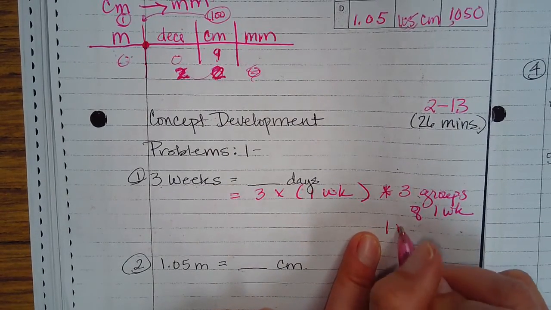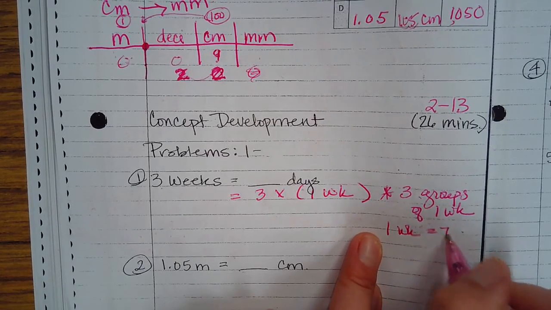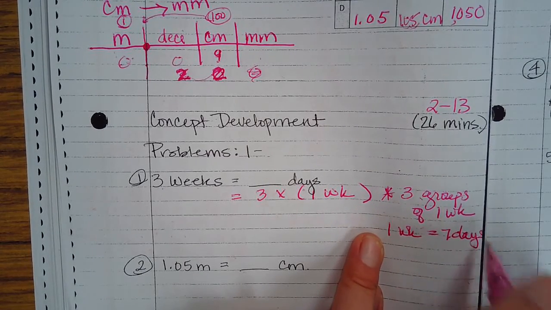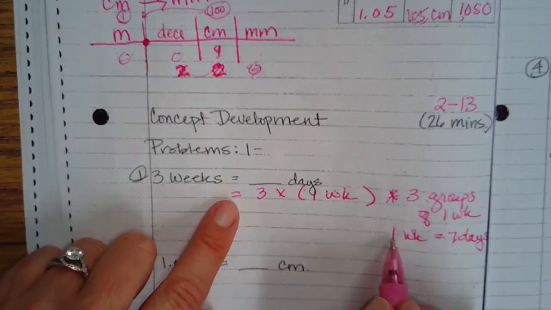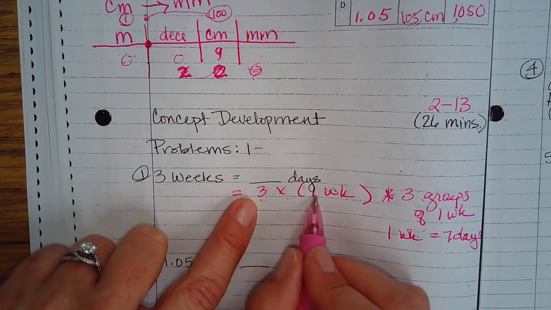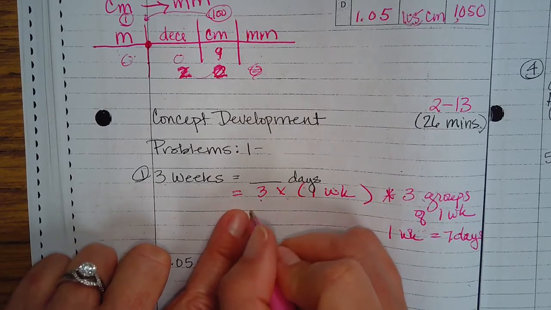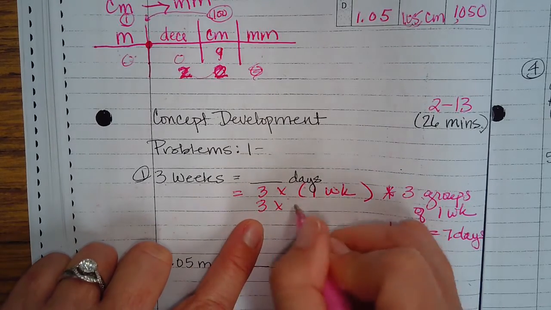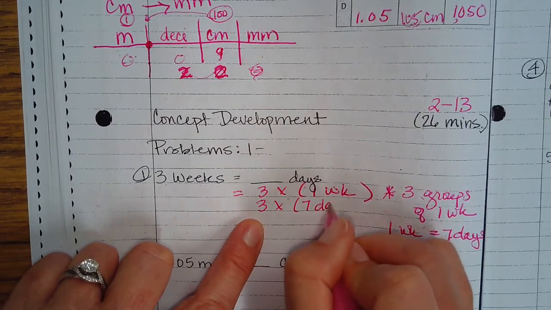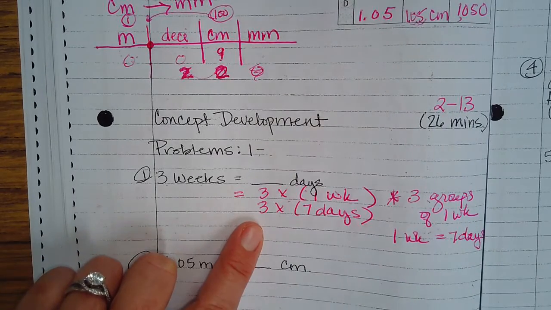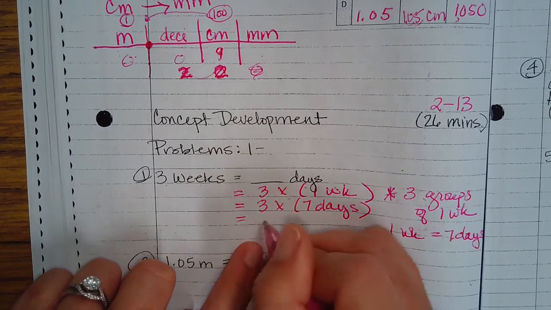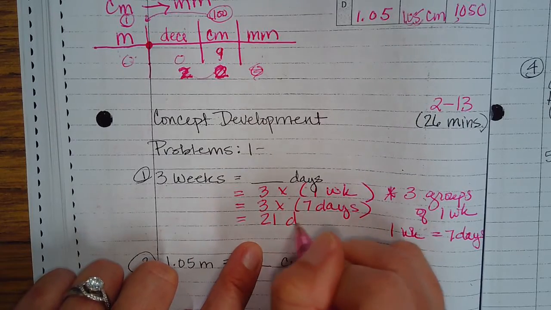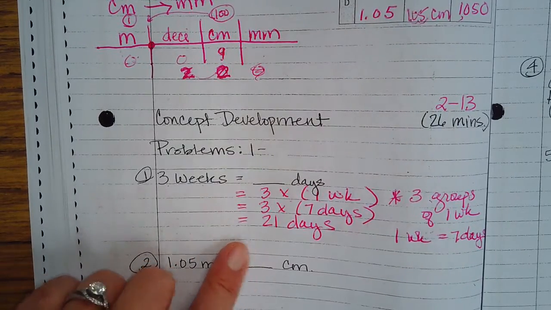And 1 week is equal to 7 days, right? Okay, so if it's 3 times 1 week, let's do 3 times 7 days. So it's 21 days.